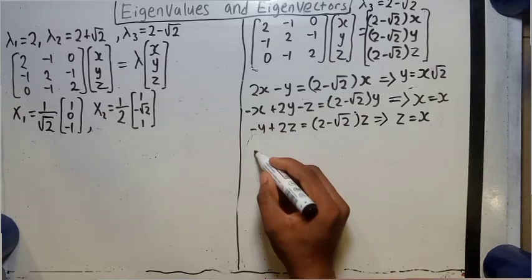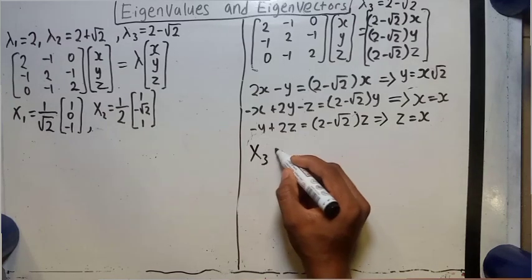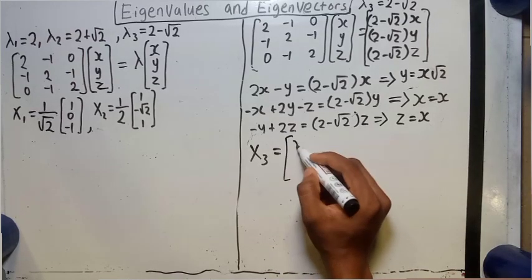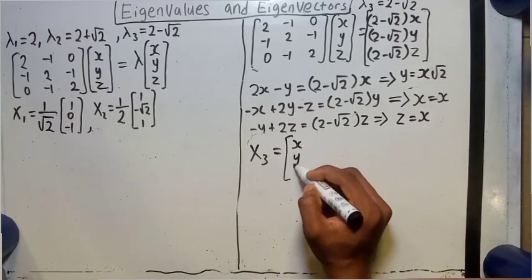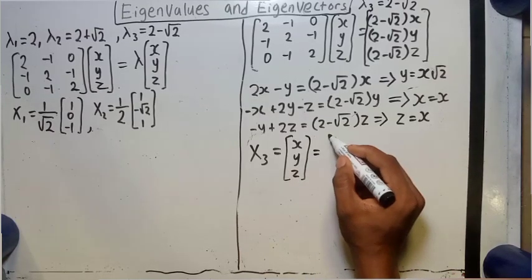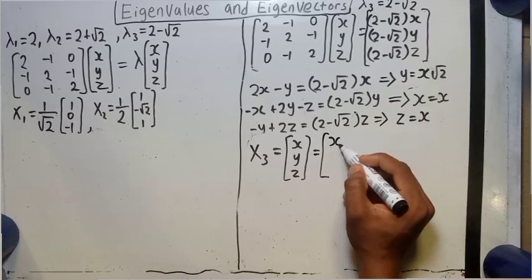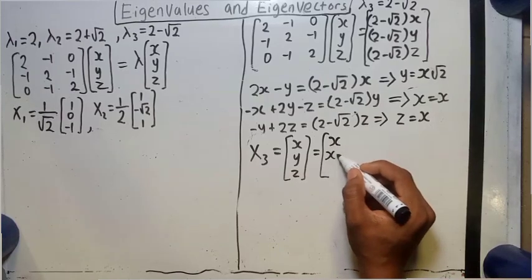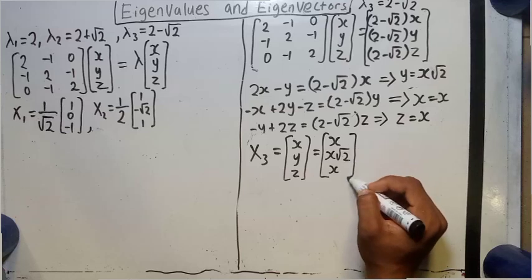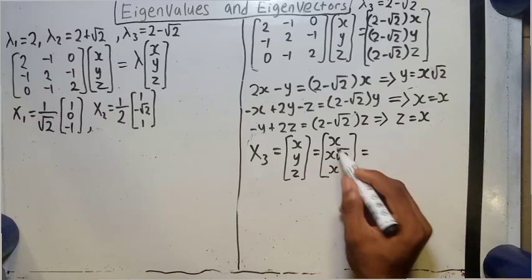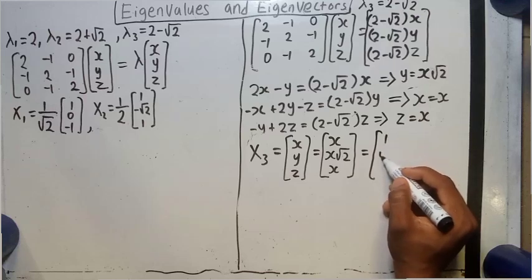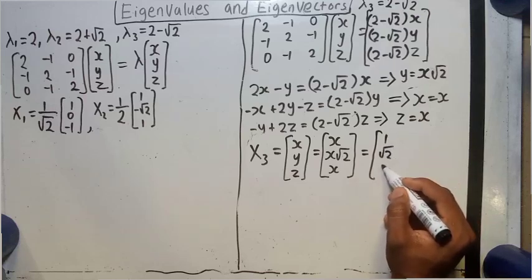So x3 is now going to give us x, y, z. We're replacing our values, so we're going to be having x, our y is x root 2, and our z is x. Now, assuming that our x is 1, we'll be having 1, root 2 and 1.